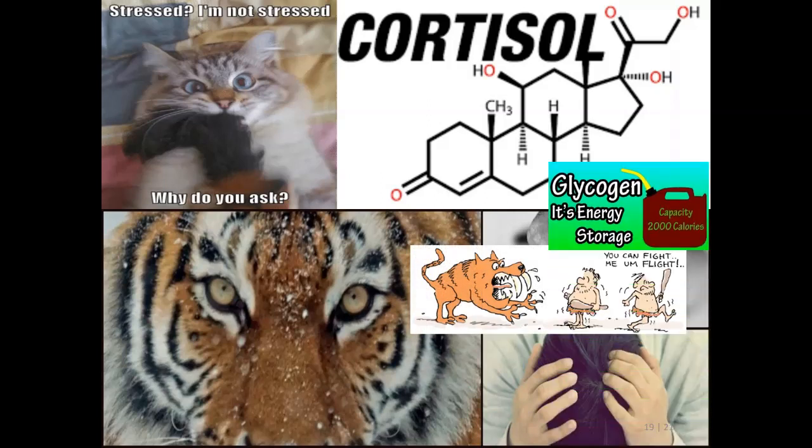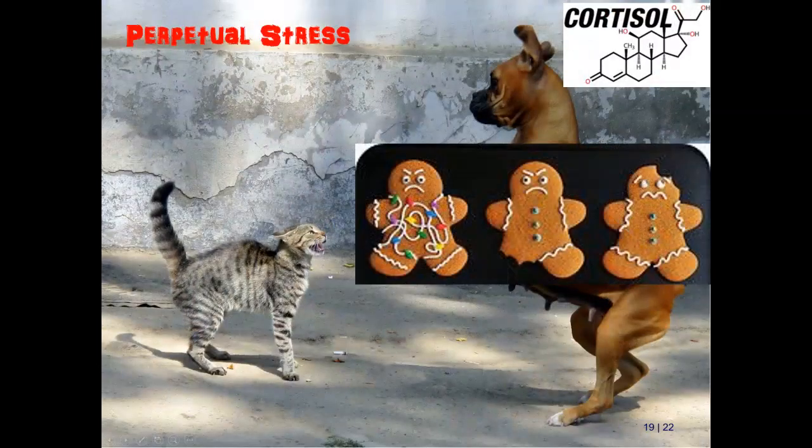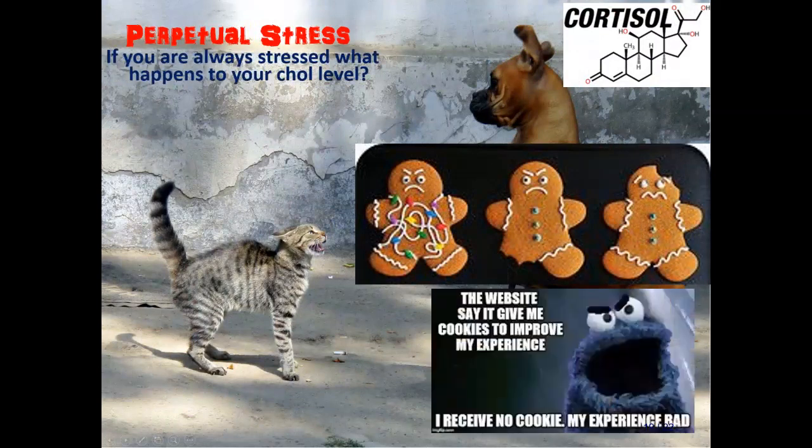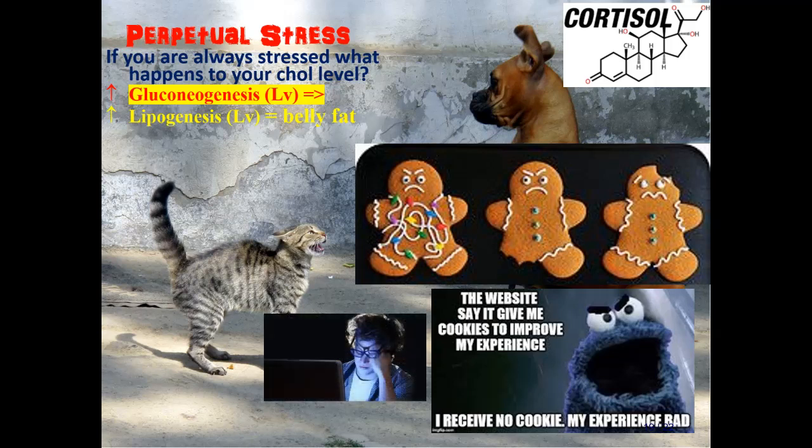Again, epinephrine says, use up the glycogen, let's run, and the glycogen gets used up, and you need more glucose. So you start making that in your liver. Stress is all types. It can be real, it can be eating too many cookies, it can be upset because you misunderstand somebody. That's a big one. And then you just store all that glucose.